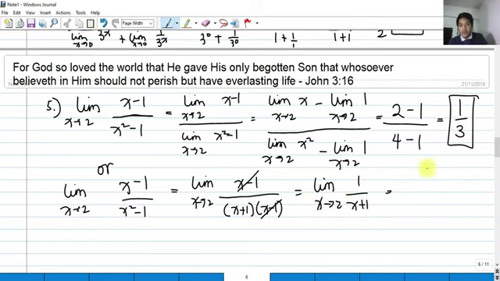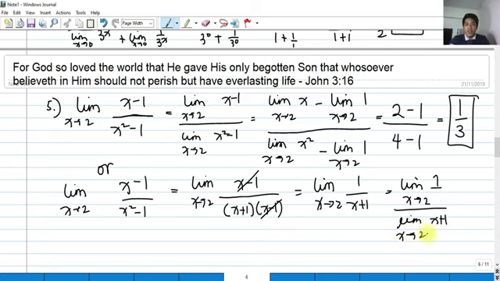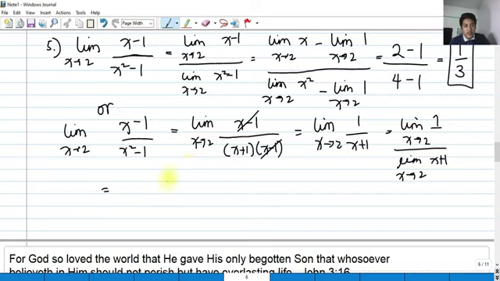And we can simply have the limit of 1 as x approaches 2 over the limit of x plus 1 as x approaches 2. As you can see here, the limit of a constant is the constant itself.